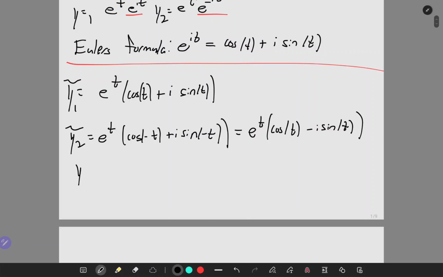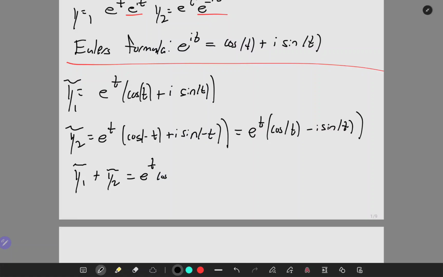So now if we add y1 tilde and y2 tilde together, we'll be left with e to the t.